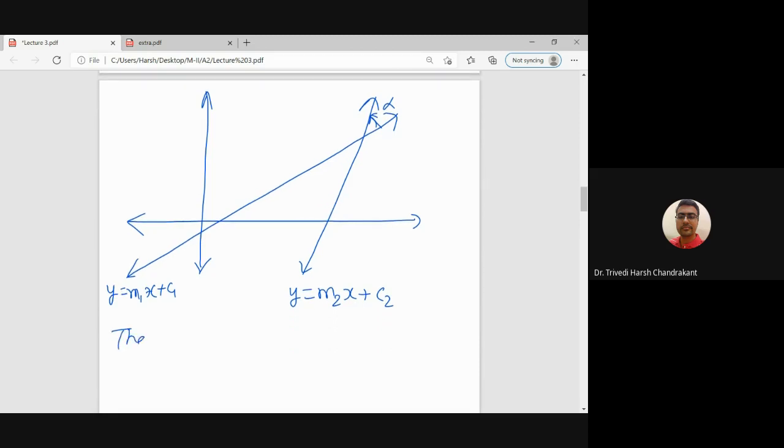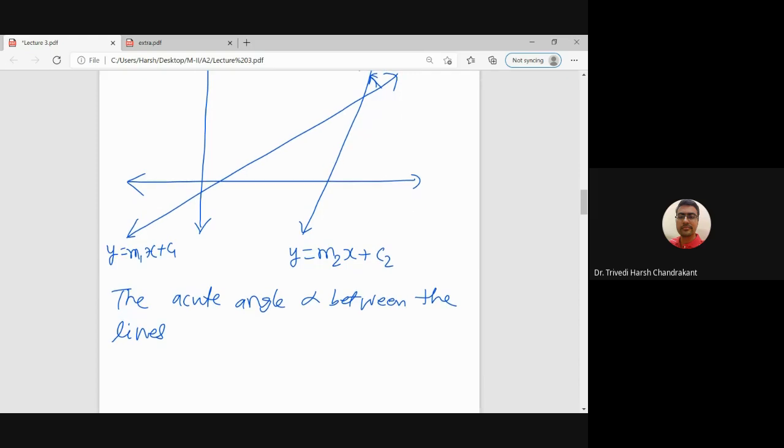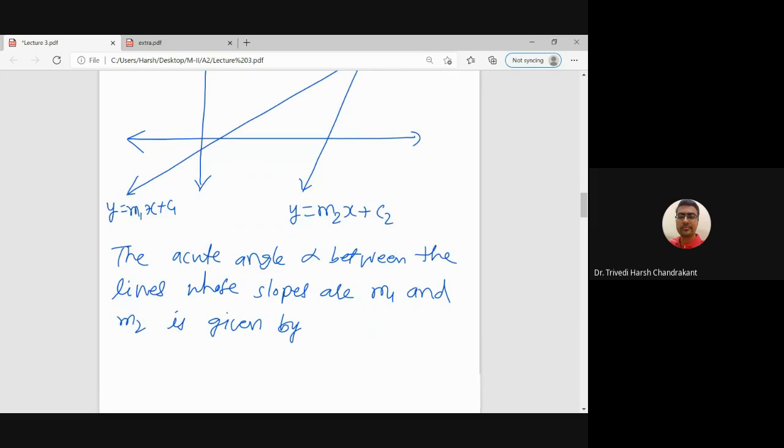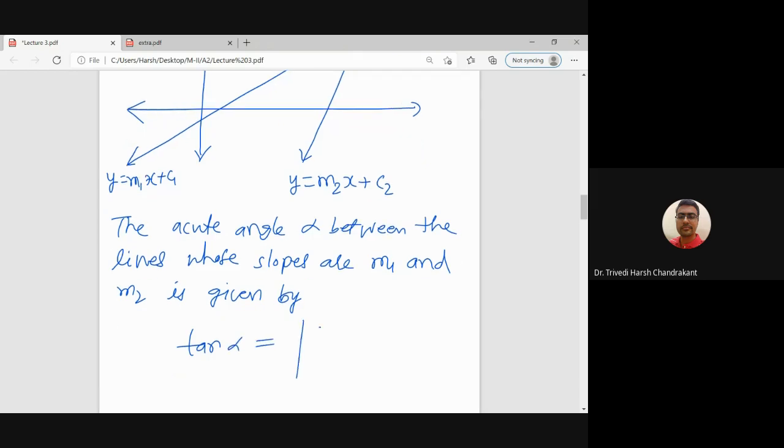So the acute angle alpha between the lines whose slopes are m1 and m2 is given by, so basically the relation between angle and the slopes is given by tan alpha is equals to modulus of m1 minus m2 divided by 1 plus m1 m2, right?